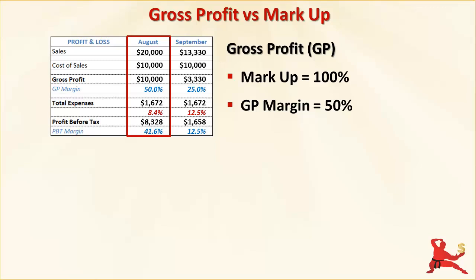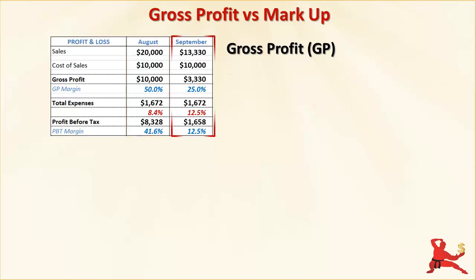We used to buy the widget at $10 a unit and sell it for $20 a unit. That's 100% markup. That gave us a gross profit margin of 50%. Our expenses in August were $1,672. That represents only 8.4% of $20,000 of sales. So we get to keep 41.6% of $20,000 of sales before having to pay tax.